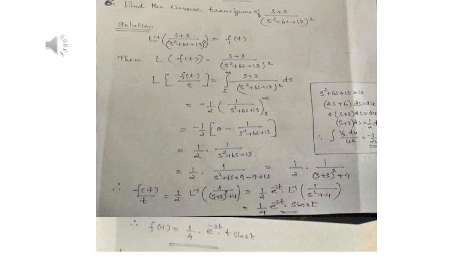So the integral is 1 by 2, taken outside. It is 1 by 2 integral u raised to minus 2 du. Then on integrating, it is u raised to minus 1 divided by minus 1.